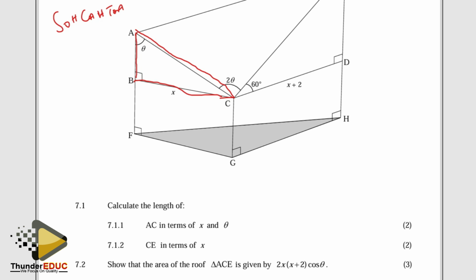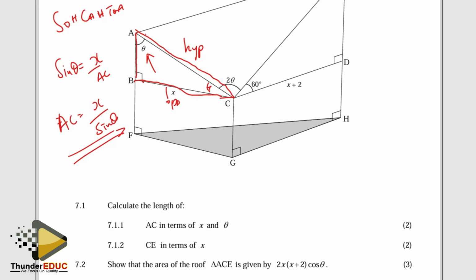Now, they want AC, which is the hypotenuse. We are given the opposite, which is opposite to the theta. So I'll have to use the sine and say the sine of theta is the opposite, which is x over AC, which means that my AC is going to be x over the sine of theta. Okay, so that is that.